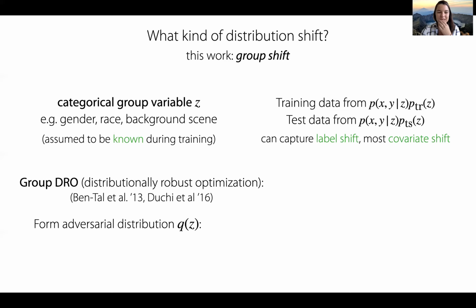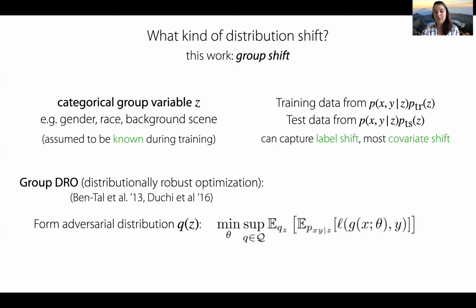The key idea behind this approach is to form an adversarial distribution Q of Z and train your model to be robust to this worst case distribution Q. Essentially, what this equation is showing is that we're going to be minimizing our training loss L for our network G under the worst case distribution Q of Z. The adversary gets to pick Q, P of X and Y given Z is given by the data, and then you're minimizing your loss with respect to that adversary.